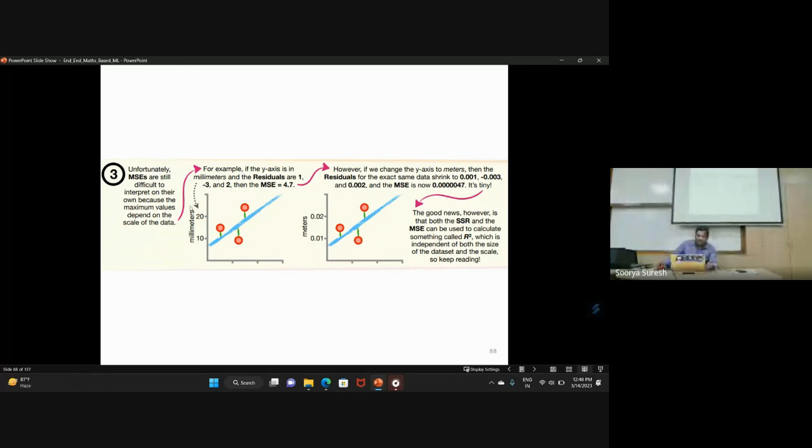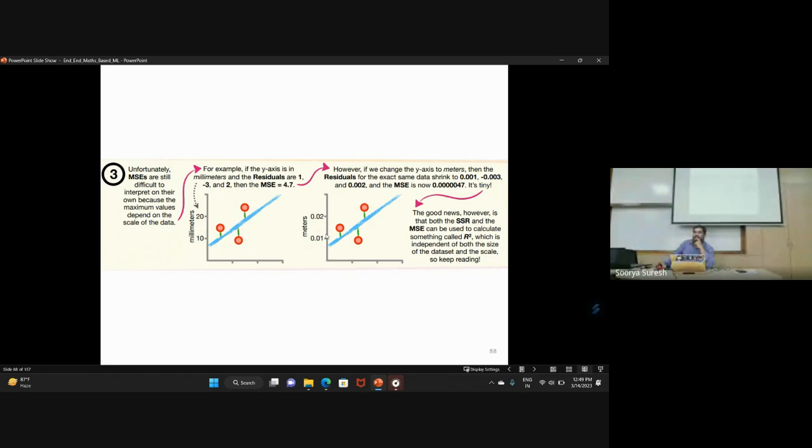And also if I change the metric in the y direction, suppose it is in millimeters here and in meters there, the error in the case of numbers is 1 minus 3, 2. Suppose I am representing it with 0.001, 0.002, etc. In the case of meters, the numbers vary. So here the error is this one, and here the error is this one. This is a very high error compared to this metric.